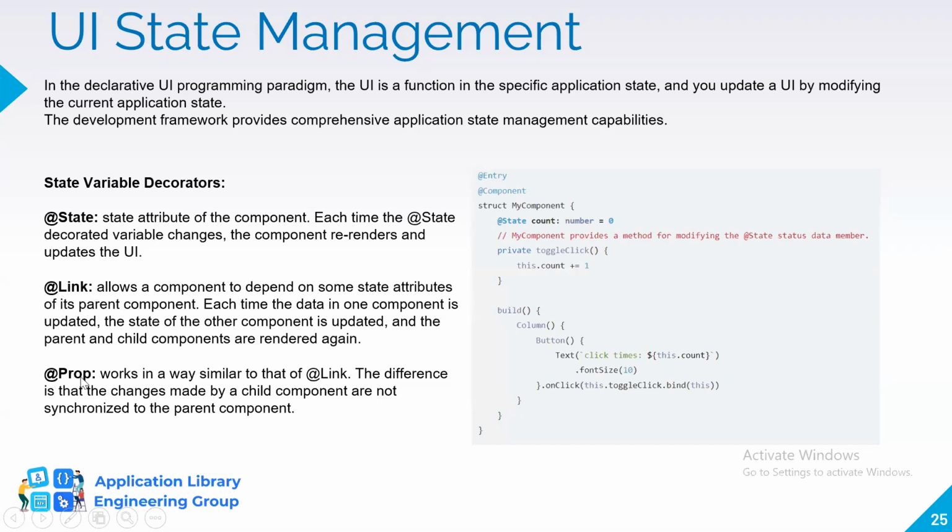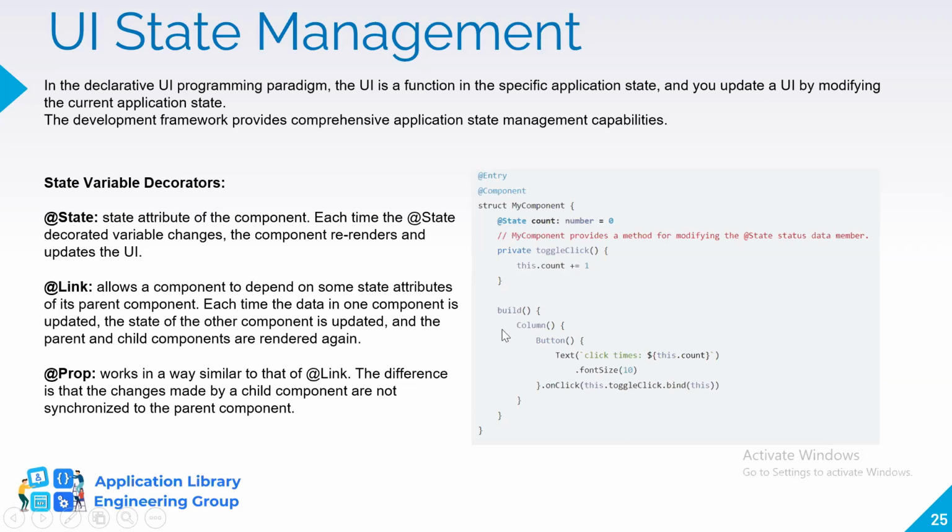To have some relationship between parent and child components, two more decorators are there, called @Link and @Prop. @Link is a variable that needs to be defined in your child component, and the @Link of the child component will have a relationship with the @State of the parent component.